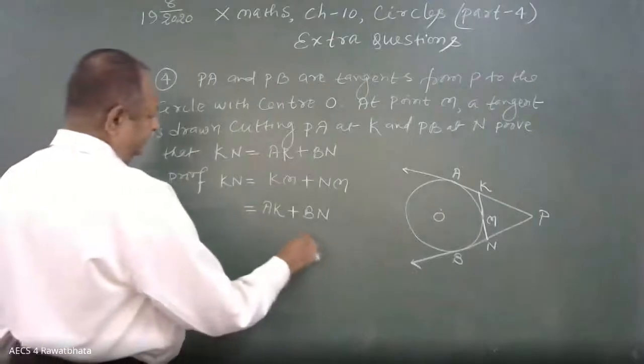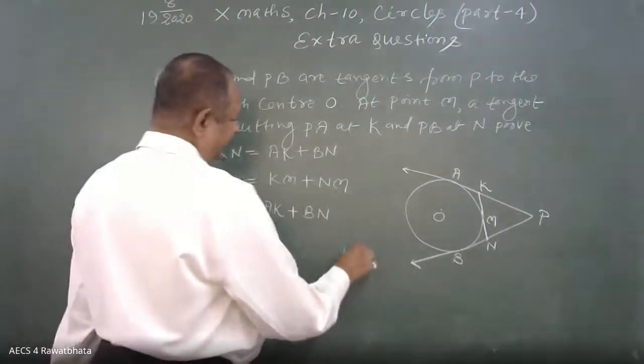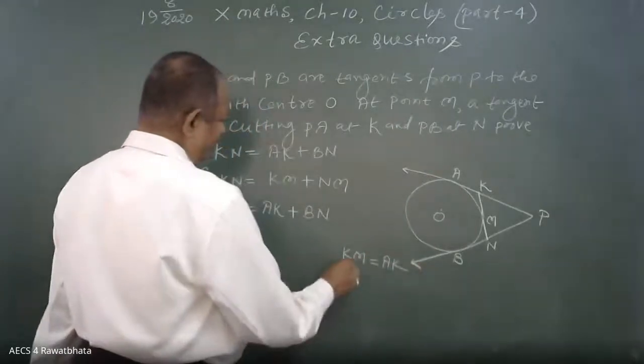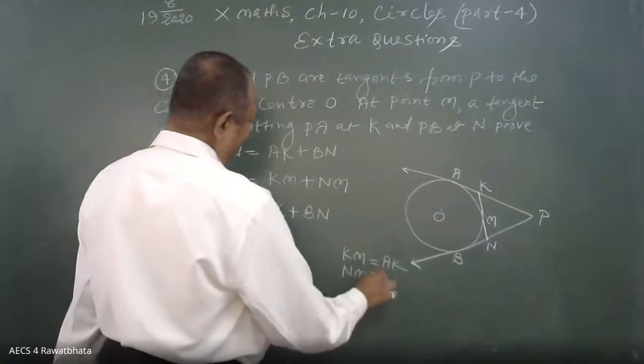So KM is equal to AK and NM is equal to BN.